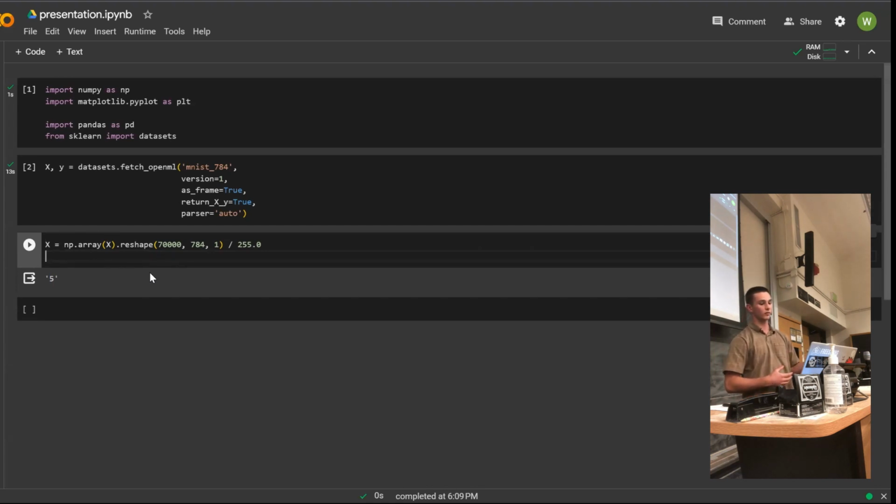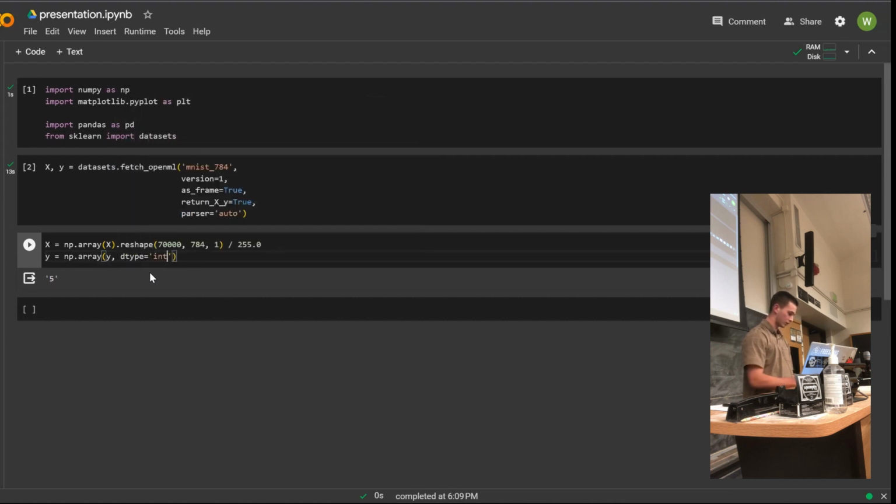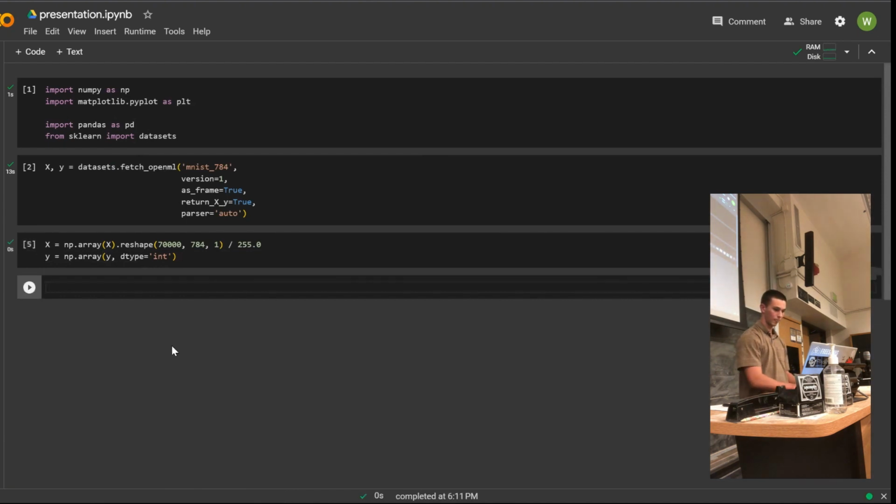So I'm turning this pandas data frame into a NumPy array with 70,000 data instances. 784, this is turning our 2D matrices of 28 by 28 pixels into one 784 element vector, right? Because when we pass it into the neural network, we want a vector, not an array. And then going to turn Y into a NumPy array as well. And as I told you, it's currently stored as characters, so we're going to cast it as an int. Okay.